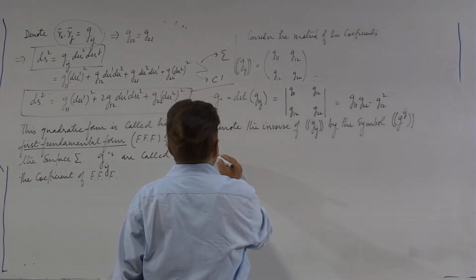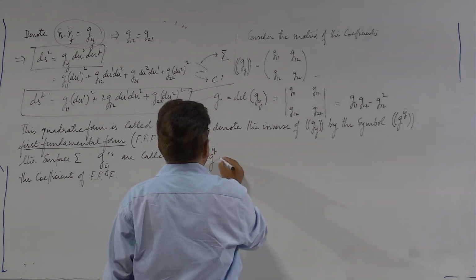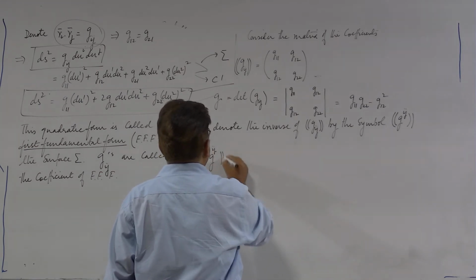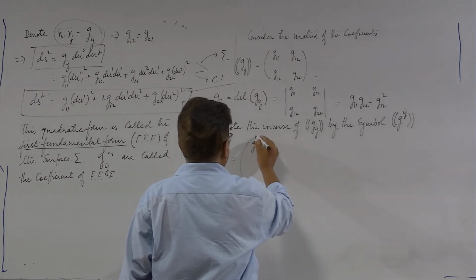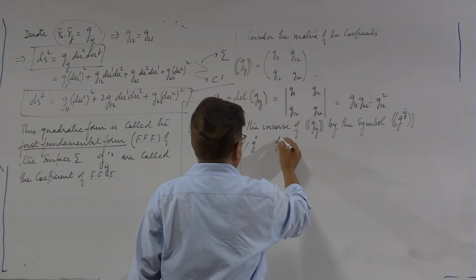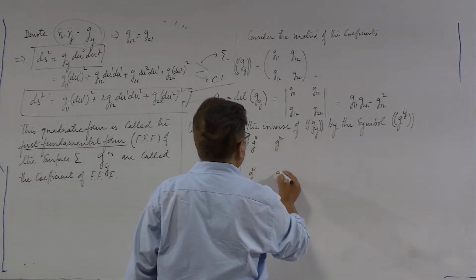So, G upper ij means the matrix whose entries are G upper 11, G upper 12, G upper 21 and G upper 22.